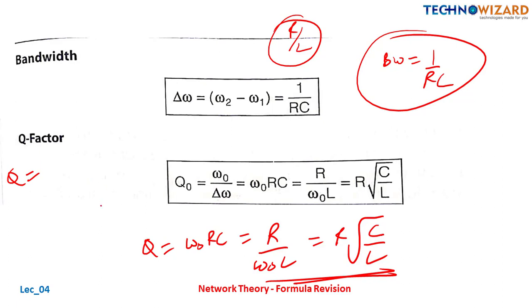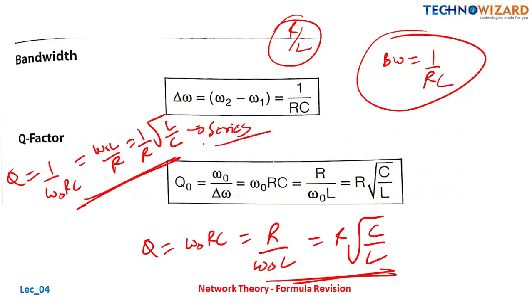For series resonance it is 1 upon omega naught RC, also omega naught L by R, also 1 upon R root L by C. All three formulas are for series, and the other three are for parallel resonance. So please remember this.